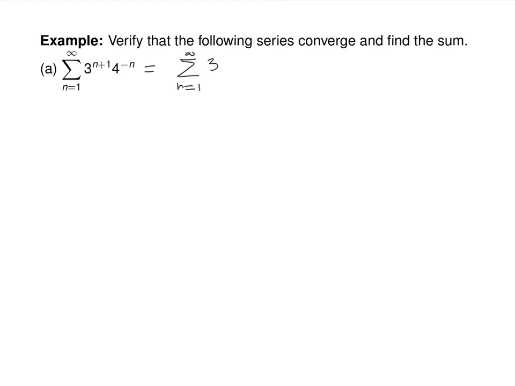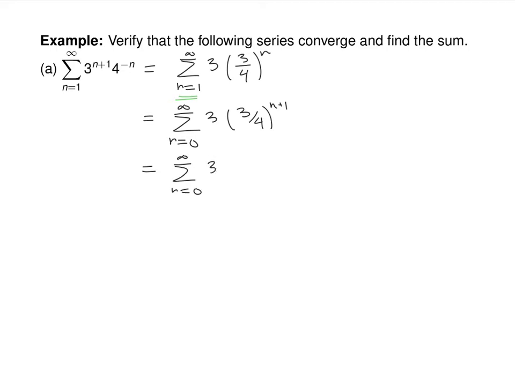So first we have 3 times (3 over 4) to the n. Now if we're going to find what this converges to, as it is a geometric series, our indexing must begin at 0 to use our formula. So we're going to have 3 times (3 over 4) to the n plus 1. That's 3 times 3/4 times (3/4) to the n.